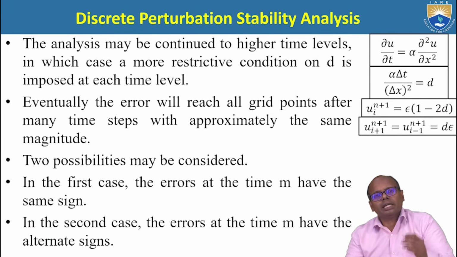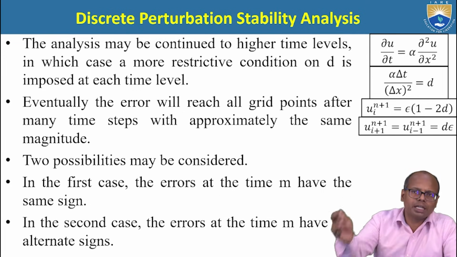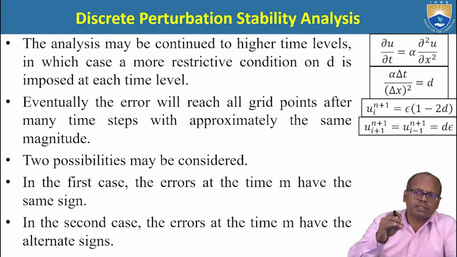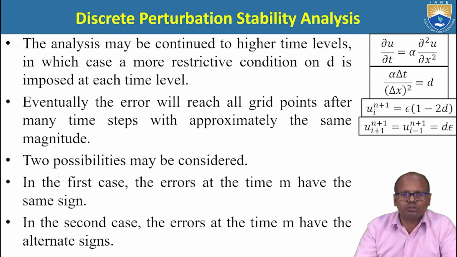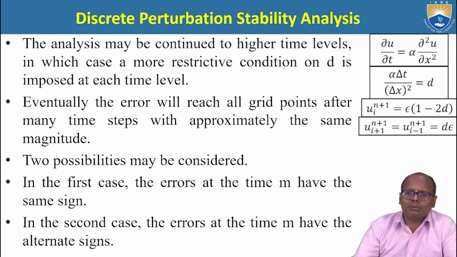Now the analysis we have seen for n plus 1, n plus 2, like that. So we can go to higher levels and find out what is the restriction on d that is to be imposed for stability criteria. Now as it progresses, after some time the error will become same in magnitude.